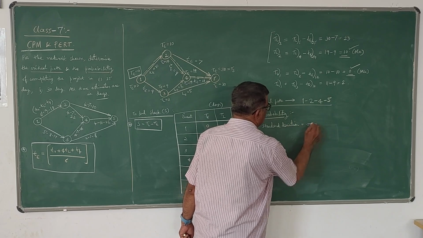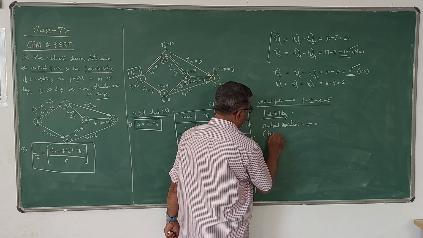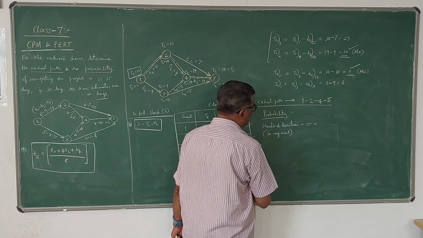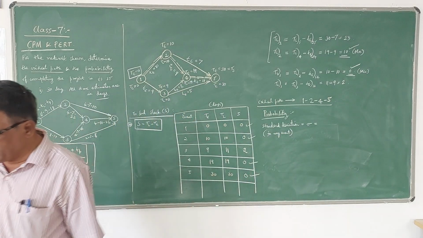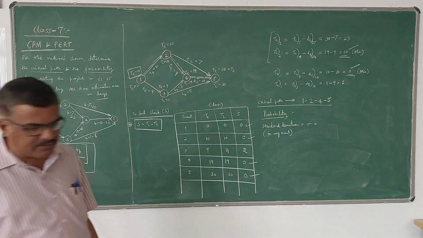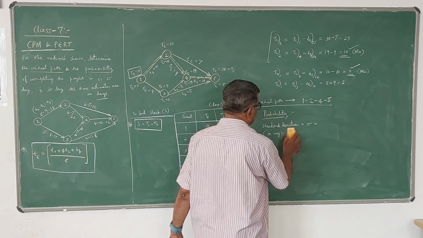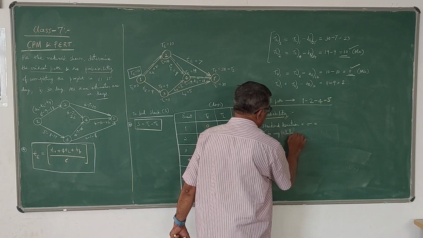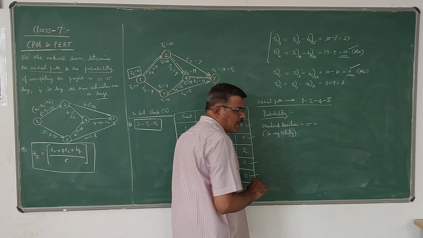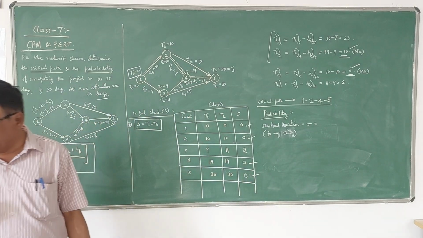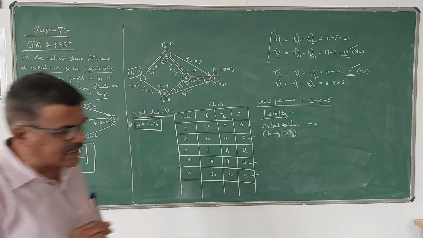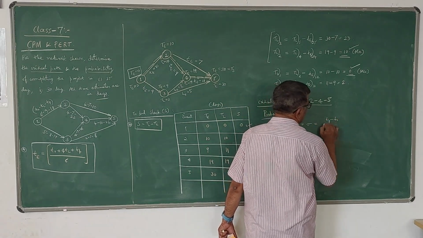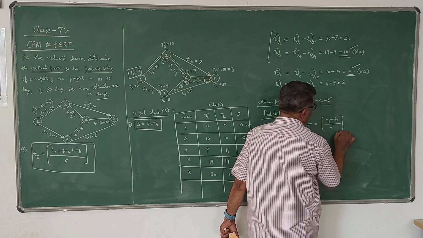Sigma, the standard deviation for any activity, because it depends on the activity, is given by the formula: Tp minus T naught by 6, whole square.